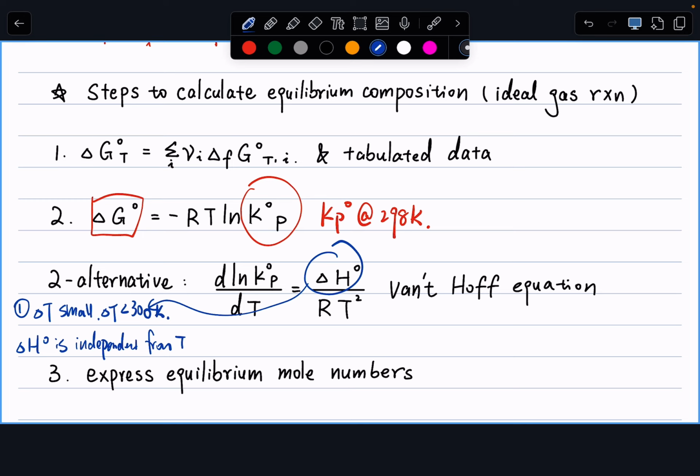On the right-hand side, we have delta H naught divided by R. These two are considered constants, so I'm taking them out of the integral, leaving the integral of 1 over T squared dT. Solving this integral, that's delta H naught over R times 1 over T1 minus 1 over T2.